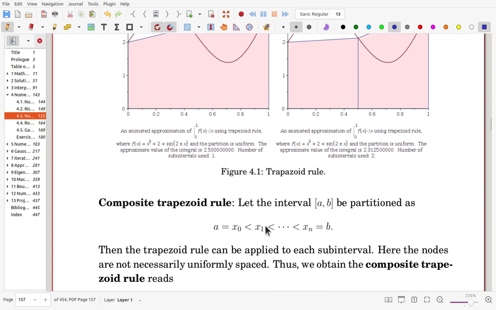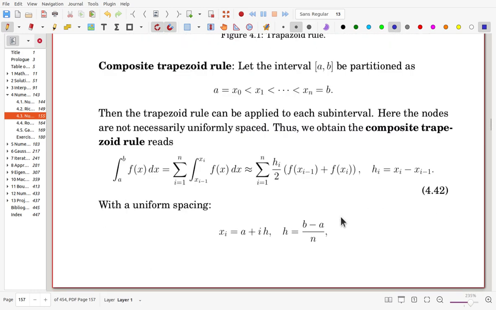Now, for a given interval, we make a partition from x0 to xn, so there are n subintervals. Then the integral of f from a to b is the same as the sum of the integrals over each subinterval. Now we integrate the function and sum over the subintervals.